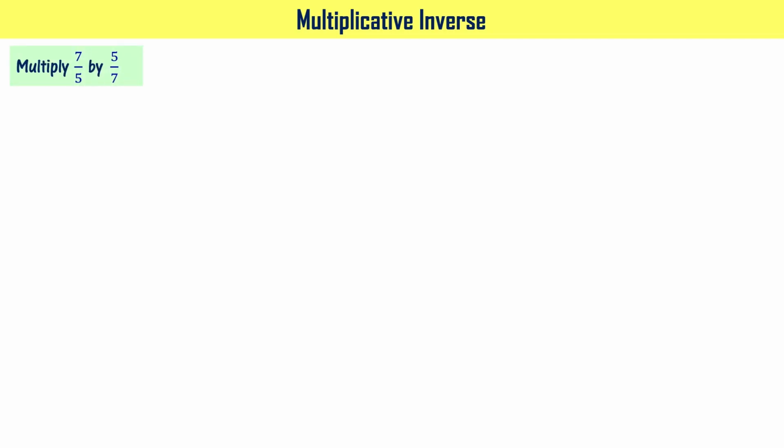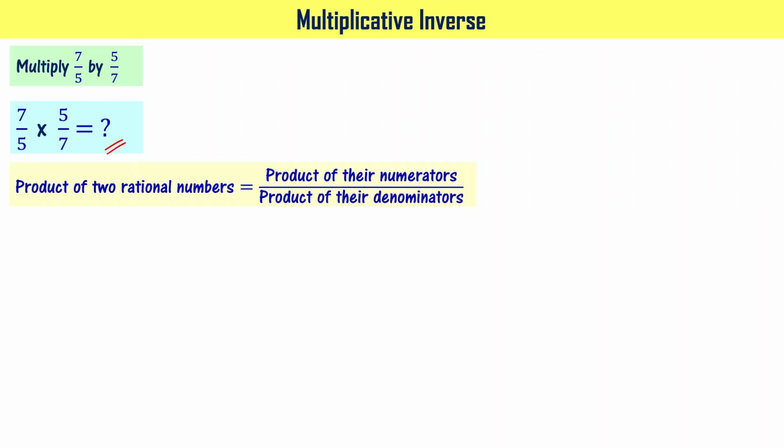Let us multiply 7 by 5 by 5 by 7. It can be written as 7 by 5 into 5 by 7. We want to find the resultant rational number, right? We said that the product of two rational numbers is equal to the product of their numerators divided by the product of their denominators. So 7 by 5 times 5 by 7 can be written as 7 times 5 divided by 5 times 7, right?